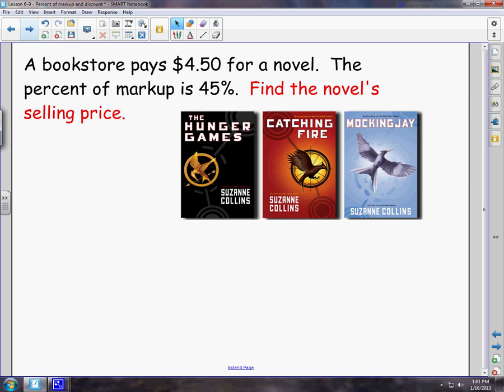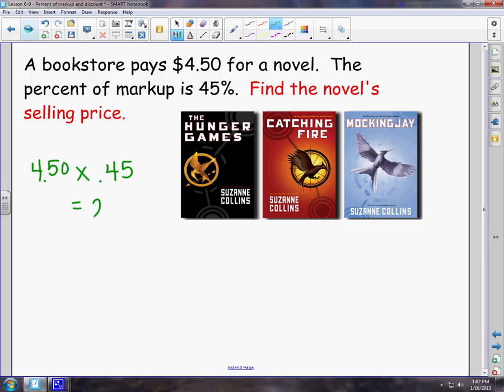A bookstore pays $4.50 for a novel. The percent of markup is 45%. Find the novel's selling price. This one's a little bit different. You still do the same thing, but you have one more step at the end. I start with what they paid for the book, $4.50, times the percent of markup, 0.45.